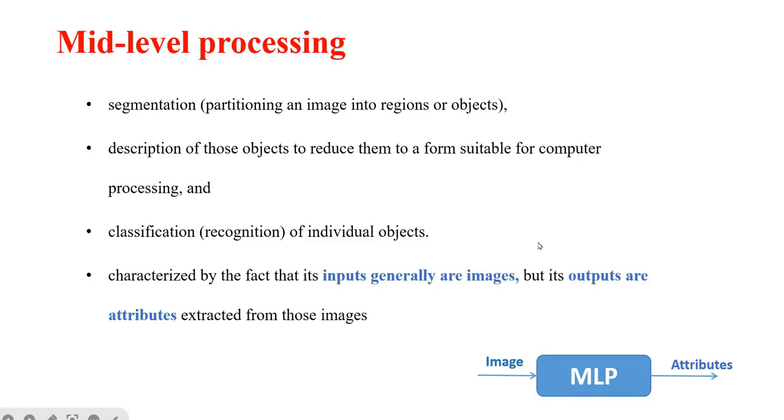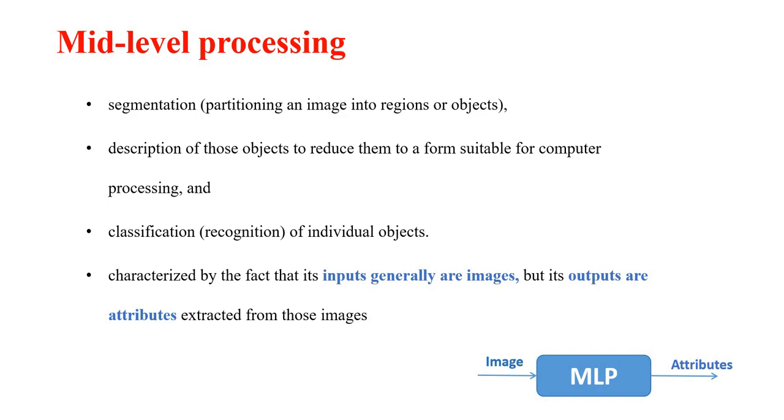Next, regarding the recognition, the system will identify the object and label it as cat, because we gave the image of the cat. That label will be the attribute.